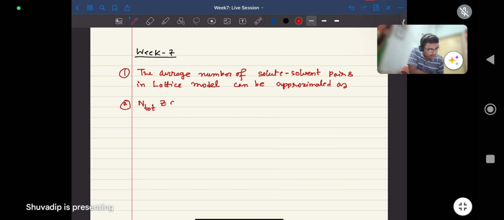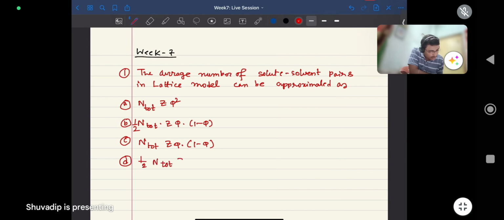z phi square; b, N total into z phi into 1 minus phi; c, N total, this half there, this option is z phi 1 minus phi; d, half into N total z phi square.